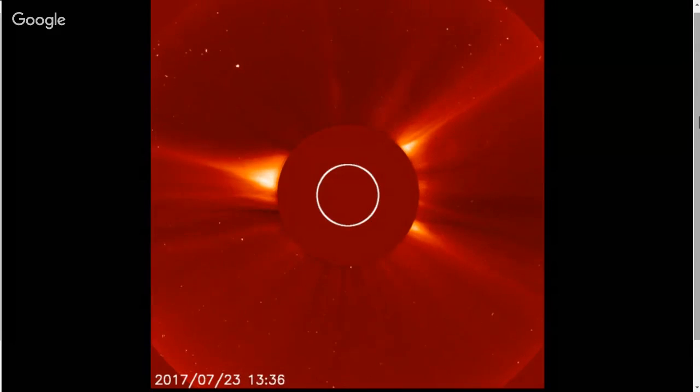Doc, doesn't that go throughout the whole inner solar system? Doesn't that reach all the way to the outskirts of our solar system? Oh yes, definitely. In time, it gets all the way to the edge of the solar system, which is 100 AU away.